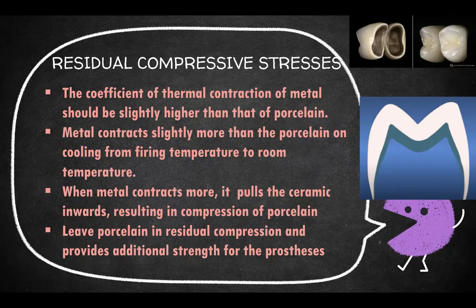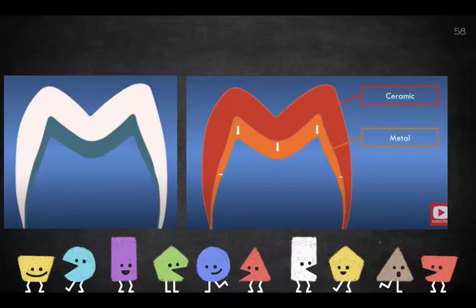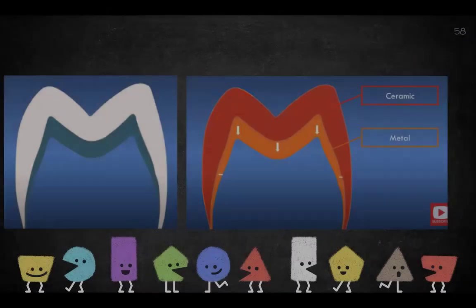So this is one of the techniques. Here it is the contraction that causes the ceramic to pull inwards, thus closing the flaws beneath and not allowing the crack to propagate. So you can see there is a ceramic, the metal ceramic. Metal is the core, and ceramic is the coating which is given outside.